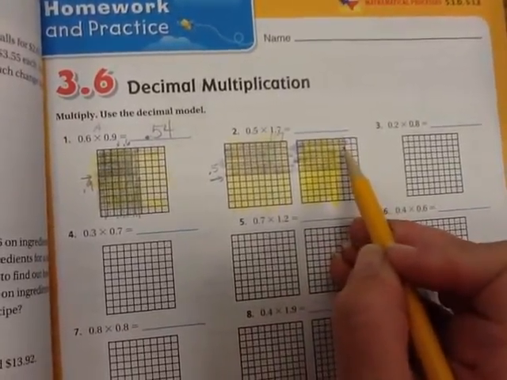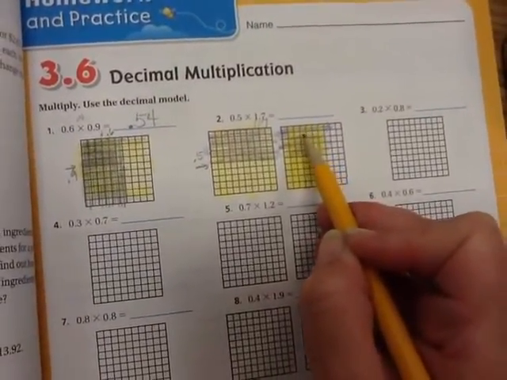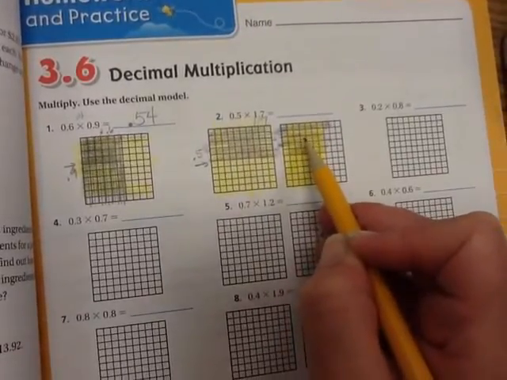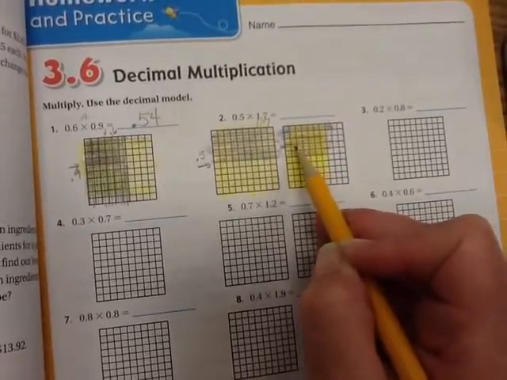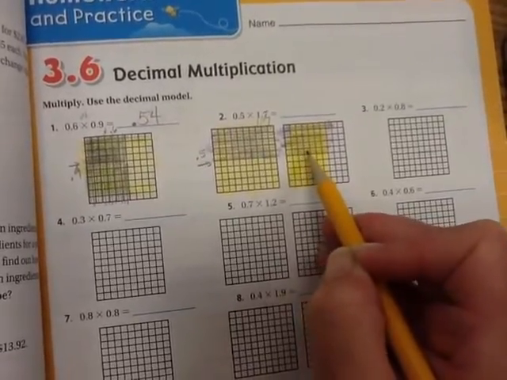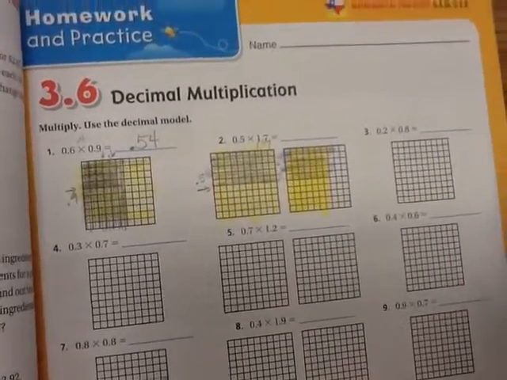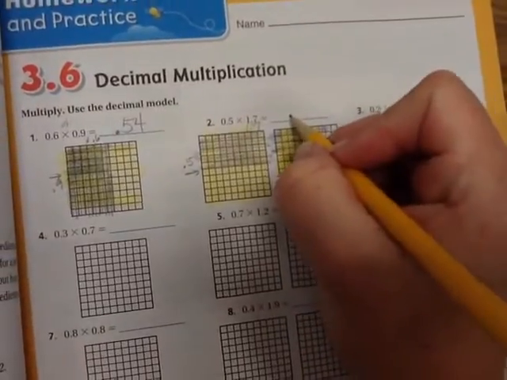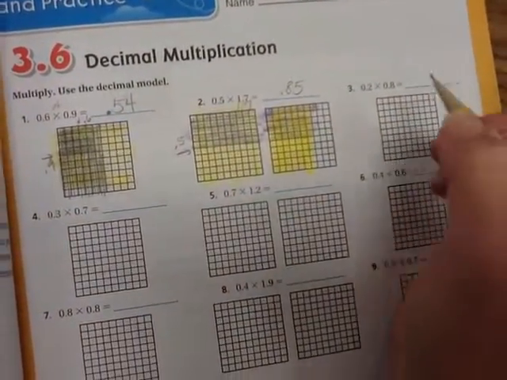That's not it, so I cannot count that. Then 58, 59, 60, and on up to 85. Okay, so that's going to be 85 hundredths because I'm only counting these squares and they're worth hundredths.